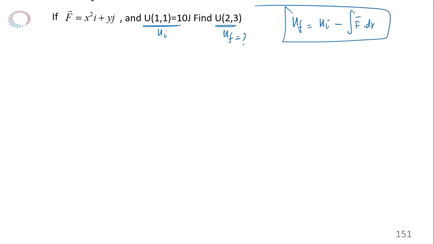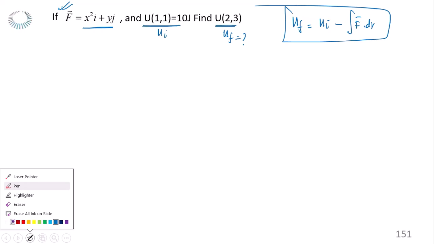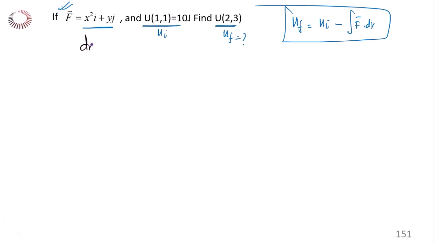Now the force vector is given as x squared i plus y j. That means dr vector should be equal to dx i plus dy j, because F is a 2D vector, so I have to assume dr as a 2D vector also.